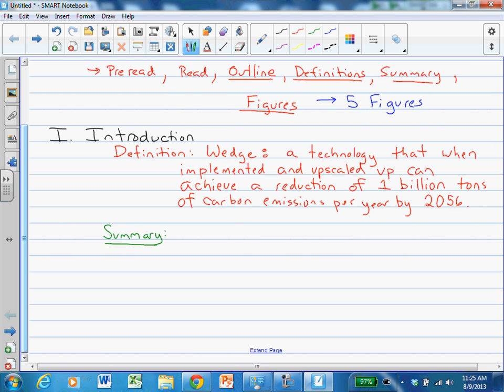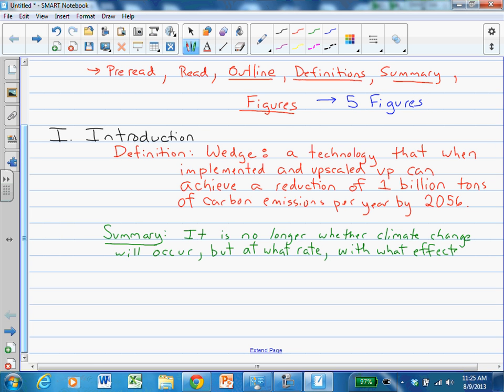So I wrote, it is no longer whether climate change will occur but at what rate, with what effects, and what we can do about it.